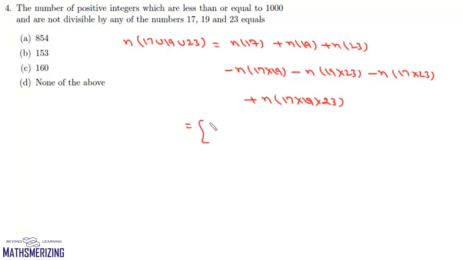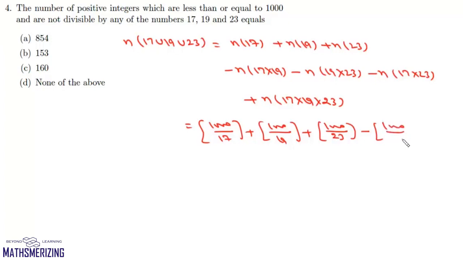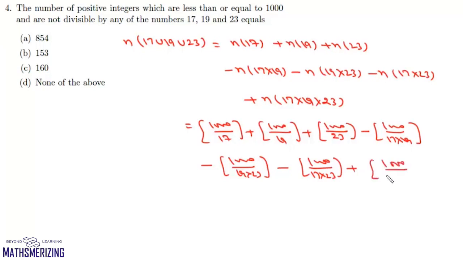Now this first one is the greatest integer function of 1000 by 17 plus greatest integer function of 1000 by 19, plus greatest integer function of 1000 by 23, minus greatest integer function of 1000 by 17 into 19, minus greatest integer function of 1000 by 19 into 23, minus 1000 by 17 into 23, and then plus greatest integer function of 1000 by 17 into 19 into 23.